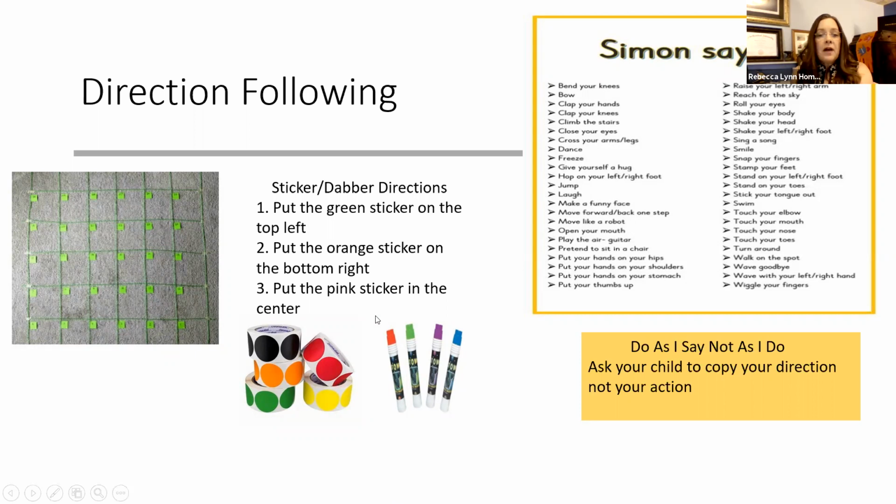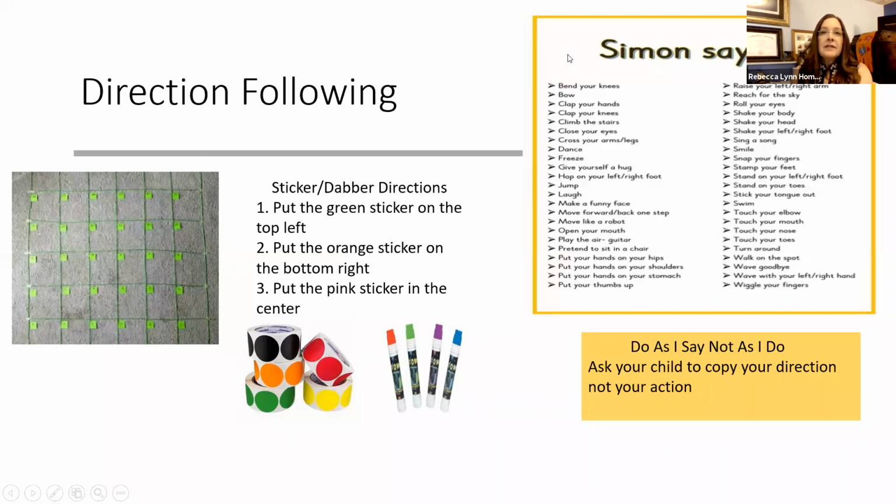For direction following, we can use stickers and dabbers. So we might want to give our child a piece of paper and ask them to put the green sticker on the top left, the orange sticker on the bottom right, or the pink sticker in the center.